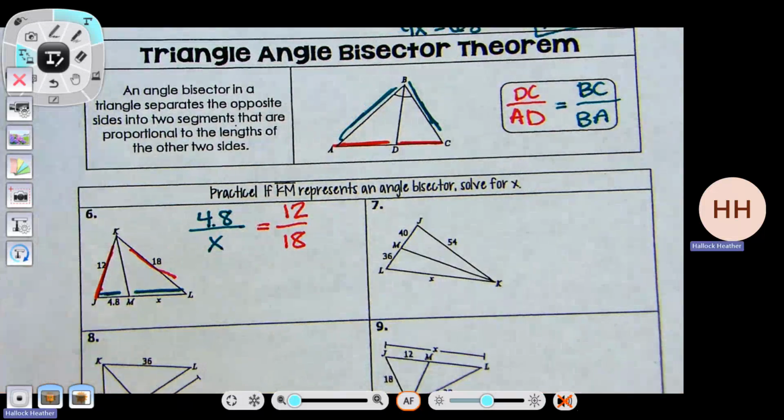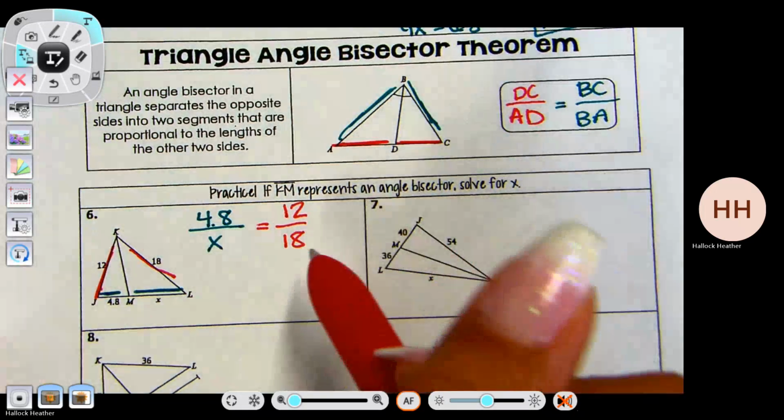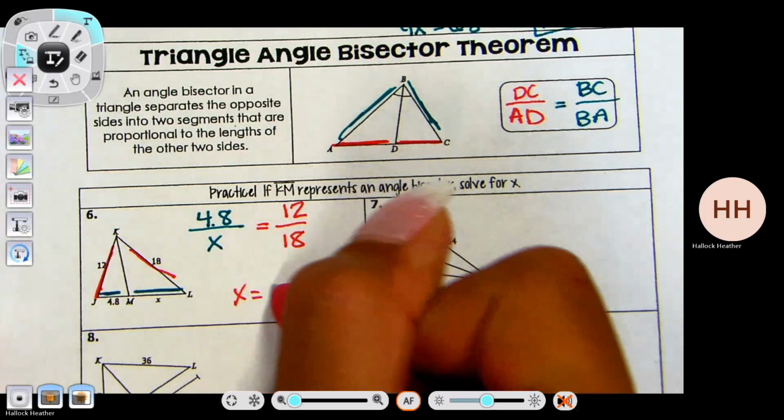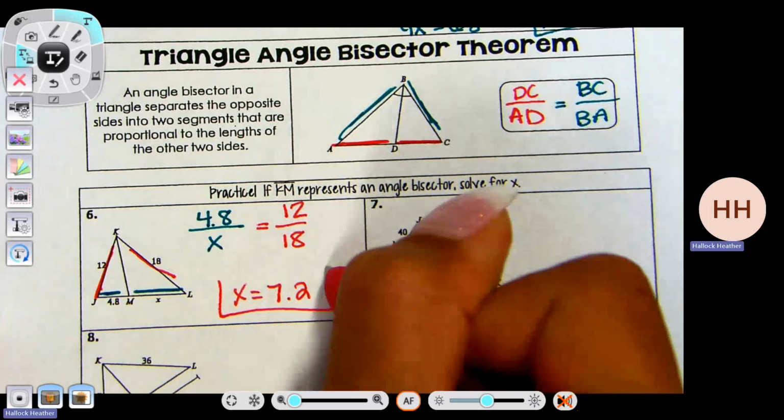So take a second, cross multiply. You do get a decimal, so don't freak out when you get a decimal. Seven point two.